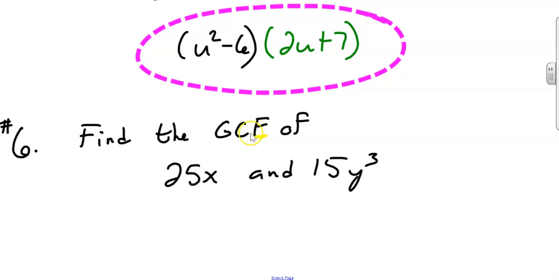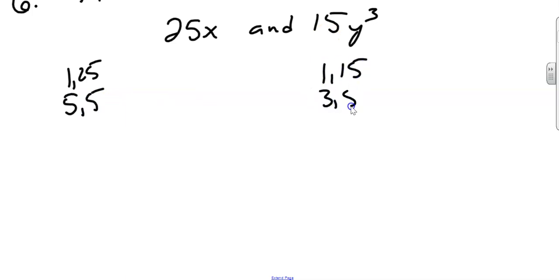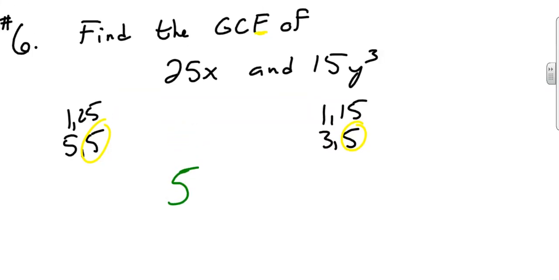If it's factors, it's the numbers that are getting smaller. So all the factors of 1 and 25, or 5 and 5, if it's 15, 1 times 15 and 3 times 5. You've got to tell me the biggest number they have in common. Well, that's 5. And then as far as variables go, you tell me the smallest power that they both have.